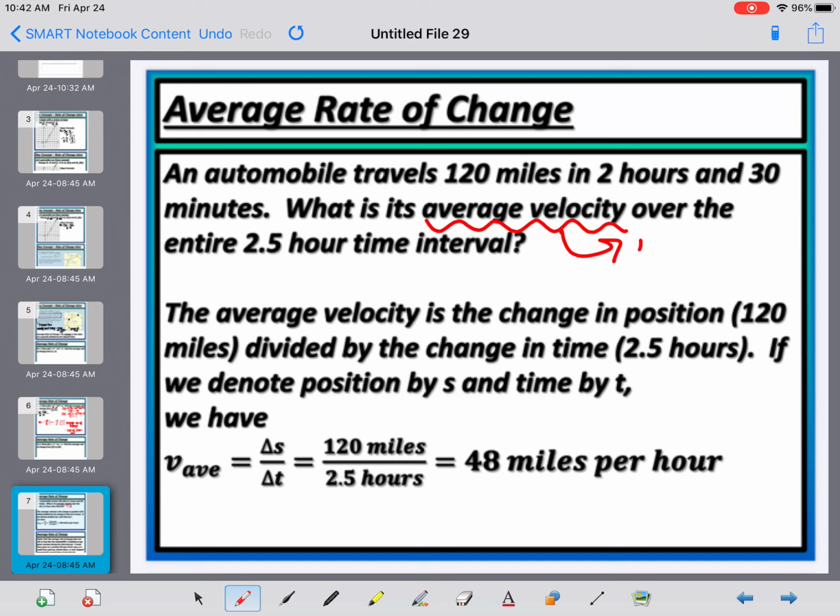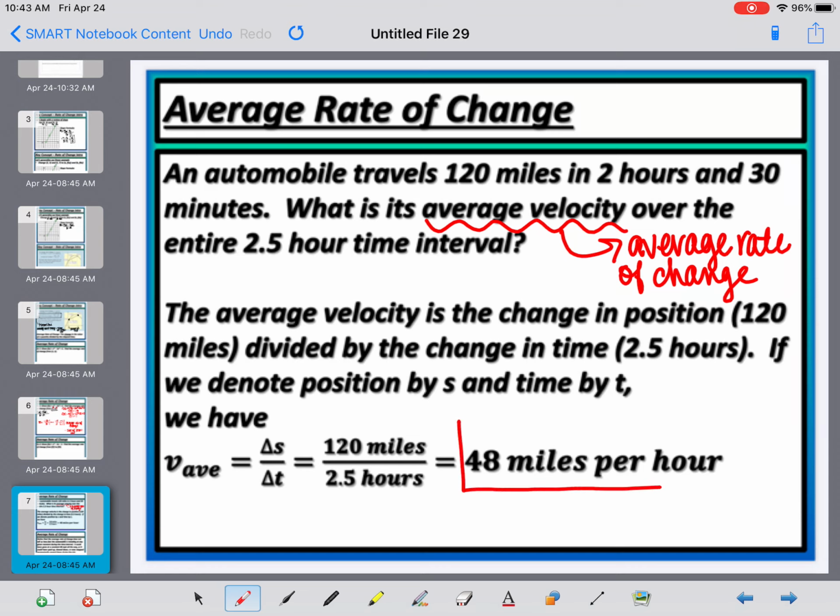Average velocity is the same thing as average rate of change, over the entire 2.5 hour time interval. So remember that average rate of change is the change in some quantity over the time that has elapsed. So we have our 2.5 hours on the bottom, and the change in our quantity is that we've gone from 0 miles and then we've traveled 120 miles.